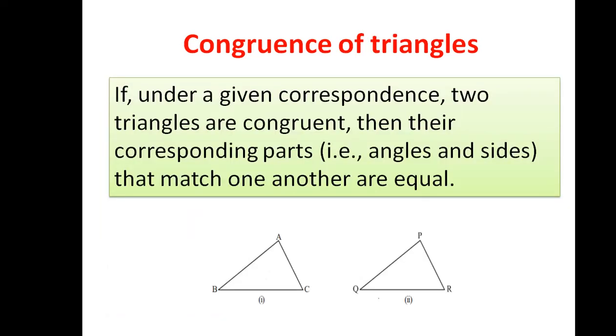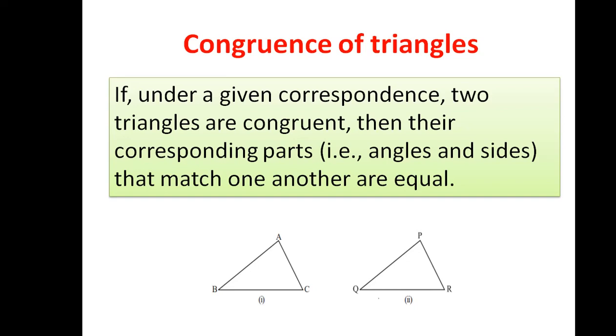Congruence of triangles. If under a given correspondence two triangles are congruent, then their corresponding parts, that is angles and sides that match one another, are equal. So two triangles are congruent when the corresponding angles and sides are equal.